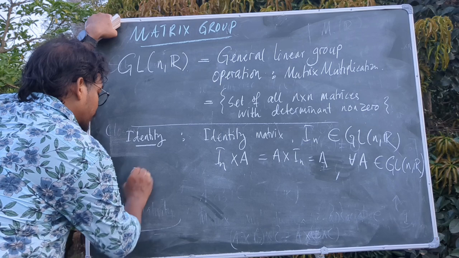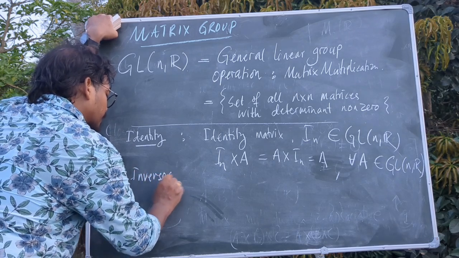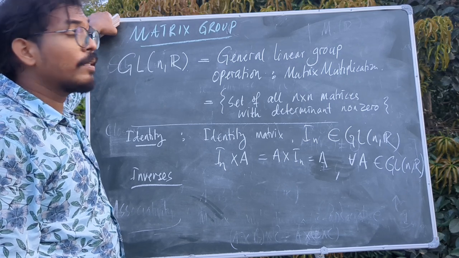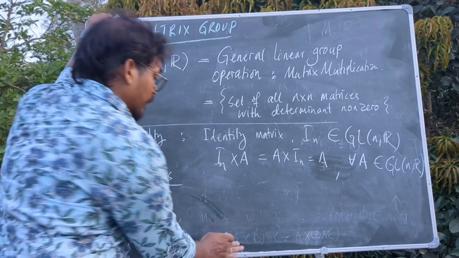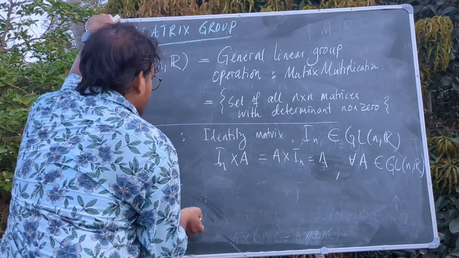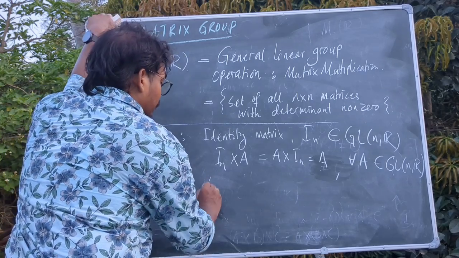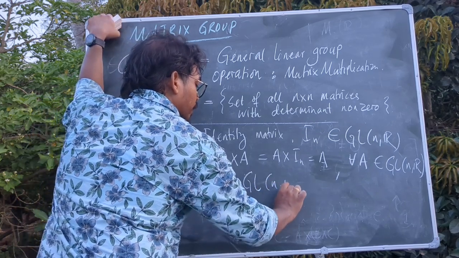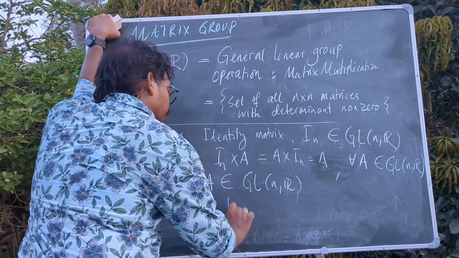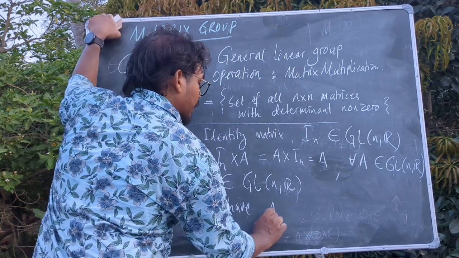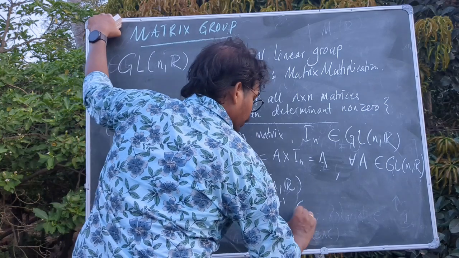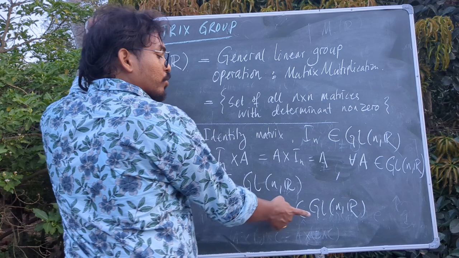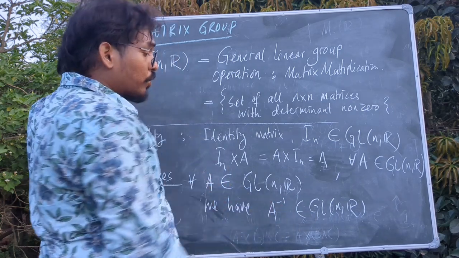And inverses. These are non-singular matrices, so their determinants are non-zero, and therefore inverses exist for every matrix belonging to this set. For all matrices of non-zero determinant, we have the matrix A inverse, which also belongs to GL(n, R). Why does A inverse belong to GL(n, R)?